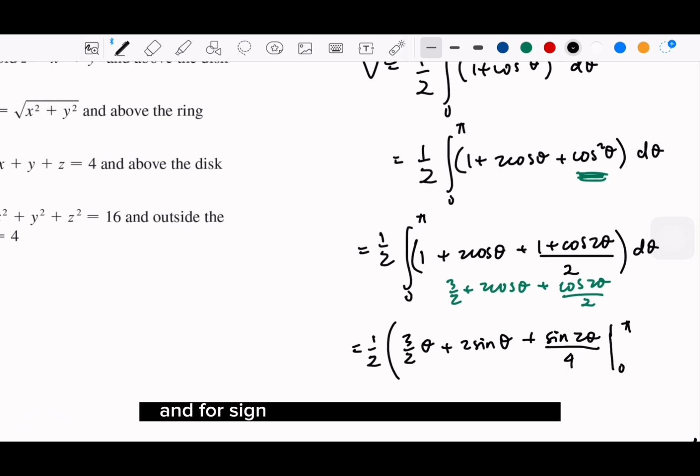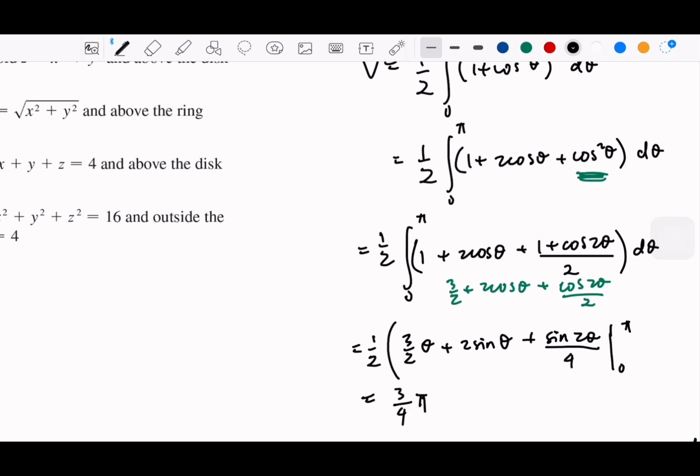And for sine, since it's 0, this will be 0, so we are going to just focus on 3 over 2 theta, which gives you the value of 3 over 4 pi.